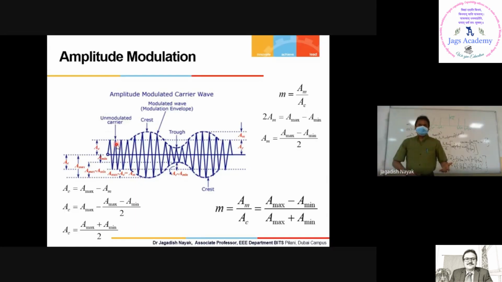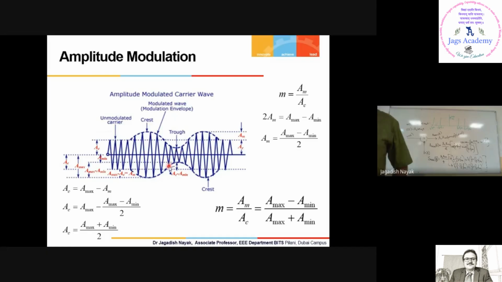If the modulation index is greater than 1, what is the meaning of that? Your AC is less than AM. What will happen when AC is less than AM? This will come down, right?